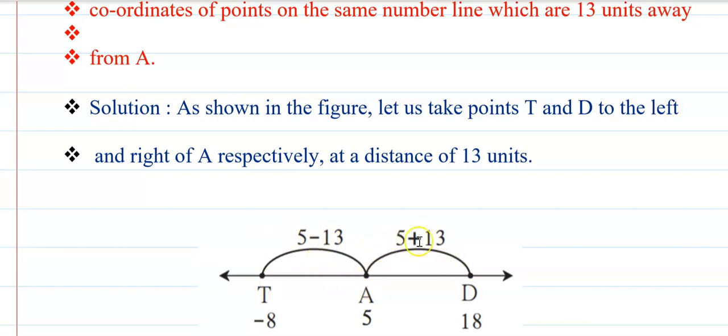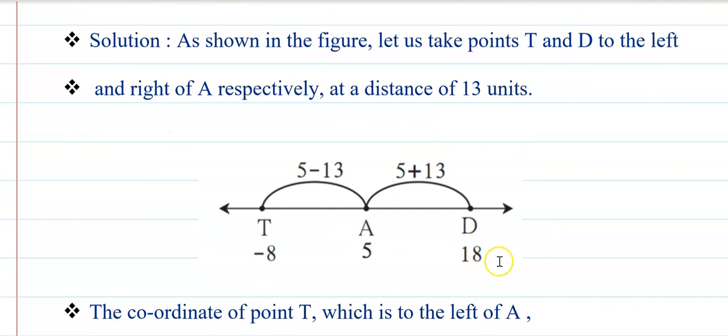If we go to the right hand side, then 5 plus 13, and if we go to the left hand side, that is 5 minus 13. And what is 5 minus 13? That is minus 8. And 5 plus 13 is 18. And therefore the coordinates of the points are T and D. T denotes minus 8 and D denotes 18.